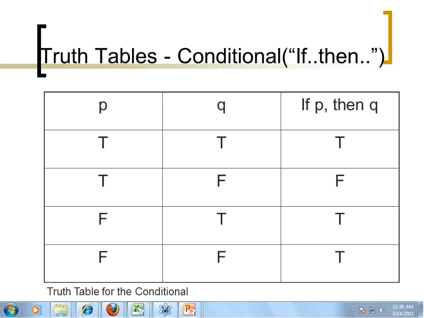P is true. So if P is true, then we take the value of Q, which is true. Fine? If P is true in the second row, we take the value of Q, which is false. If P is false, we take the value of Q, which is true, because Q is not false as well. So we come down to the last one, which says P is false and Q is false.